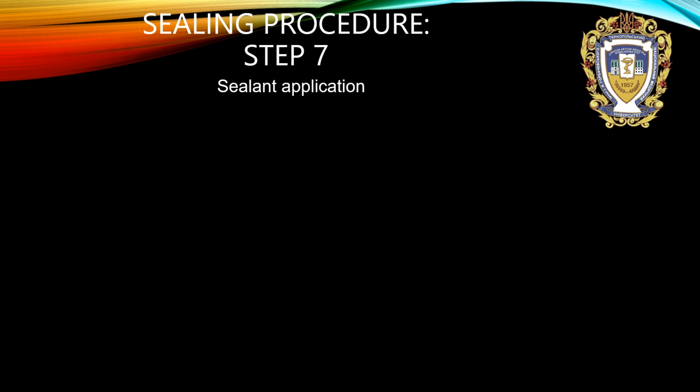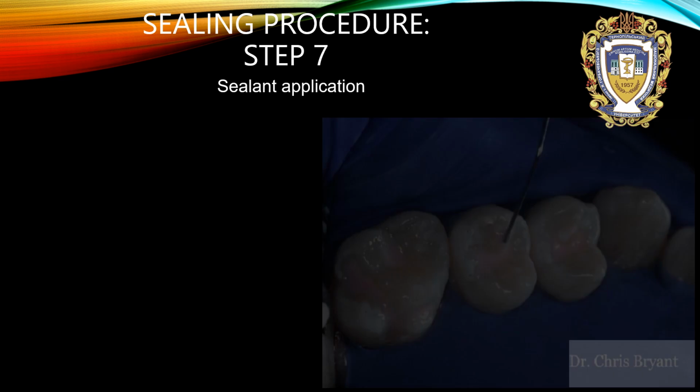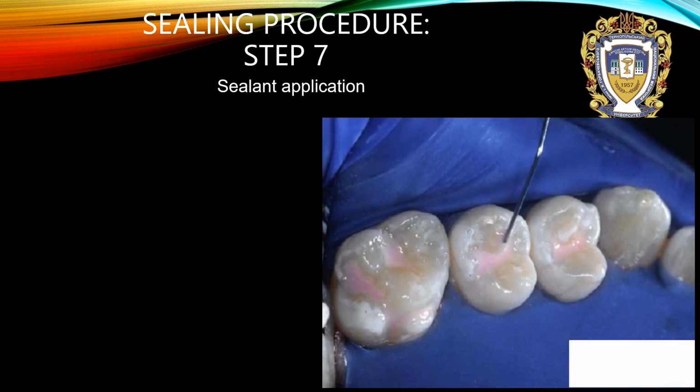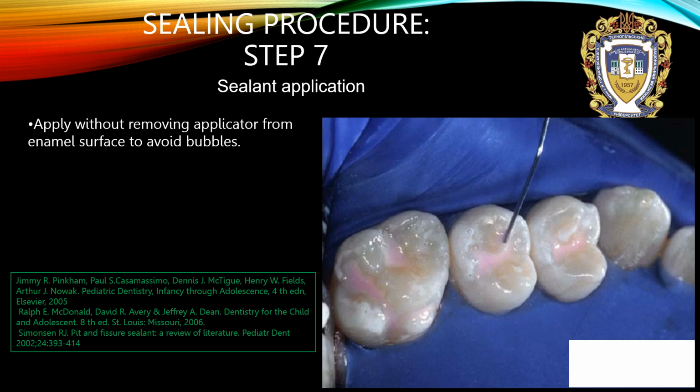Next, seventh step, sealant application. We need to apply without removing the applicator from the enamel surface to avoid bubbles. We must be careful not to incorporate air bubbles in the material.